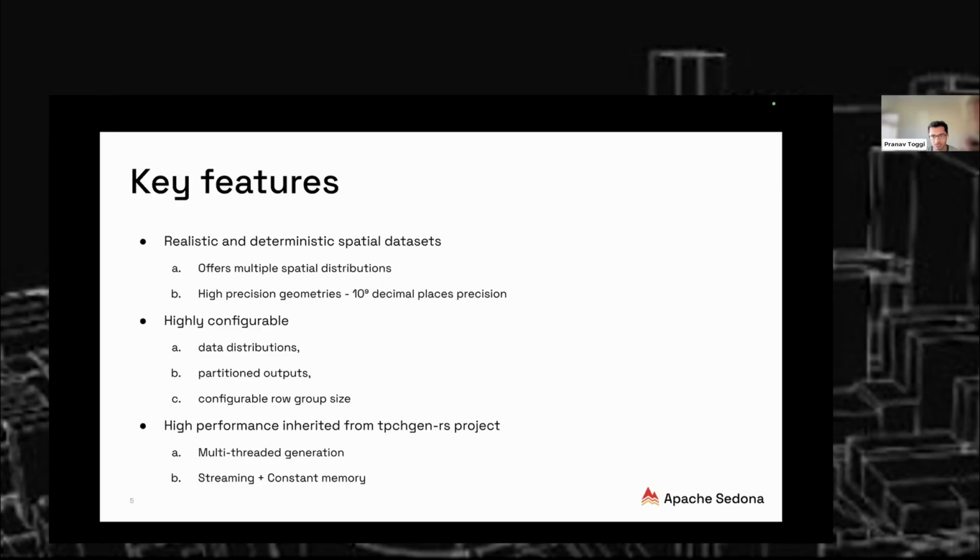This matters especially when you want to scale up, maybe to 1,000 scale factor or above, so you can avoid collisions between points and geometries. SpatialBench DataGen provides the highest precision of geometries, which is 10 to the power of 9, sub-millimeter precision.